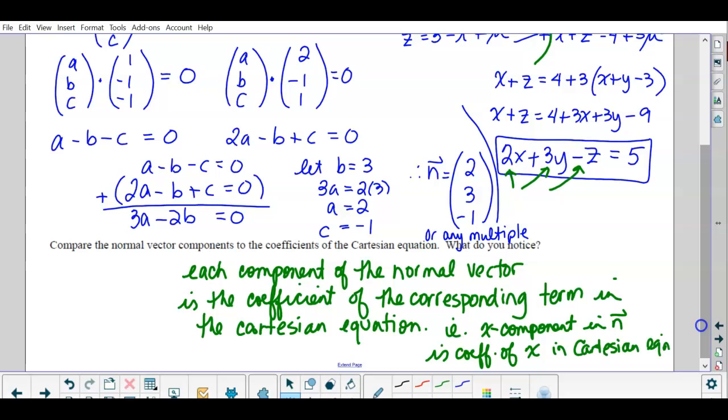Okay, so each component of the normal vector is the coefficient of the corresponding term in the Cartesian equation.